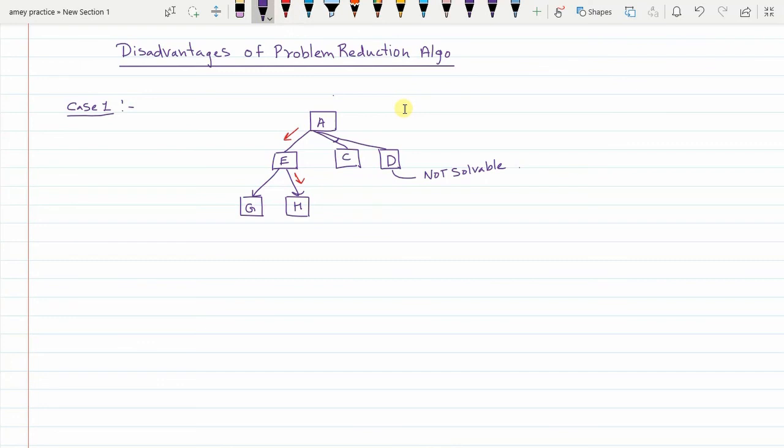Now when H is expanded, suppose H has two child nodes, one is I and the second one is J. Okay, so far so good.